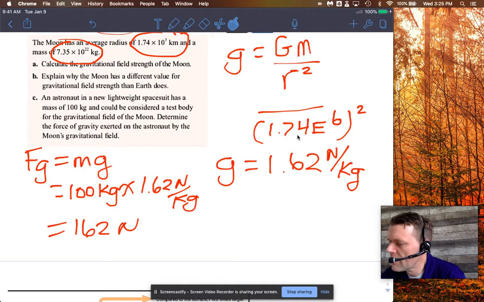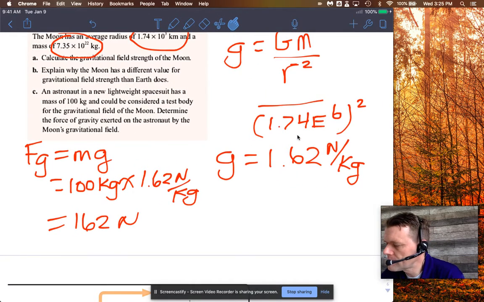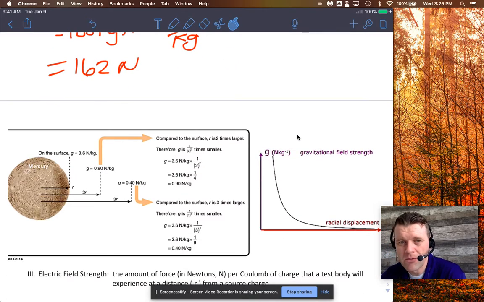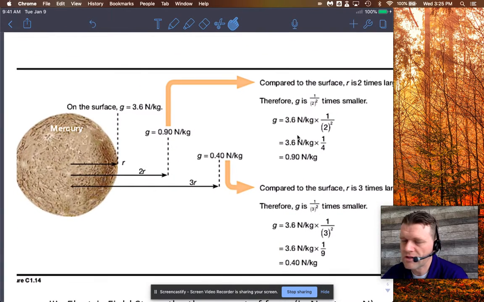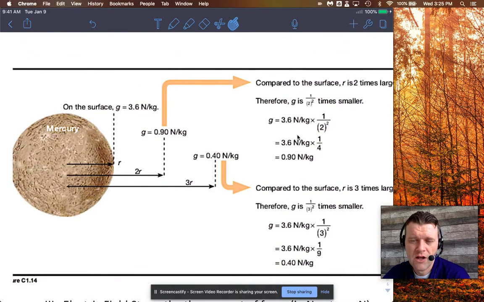Anyway, this is really important to remember because it's a very good theory question. As you double and triple the distance from the center of mass, the gravitational field strength gets weaker exponentially, meaning by powers of exponent.